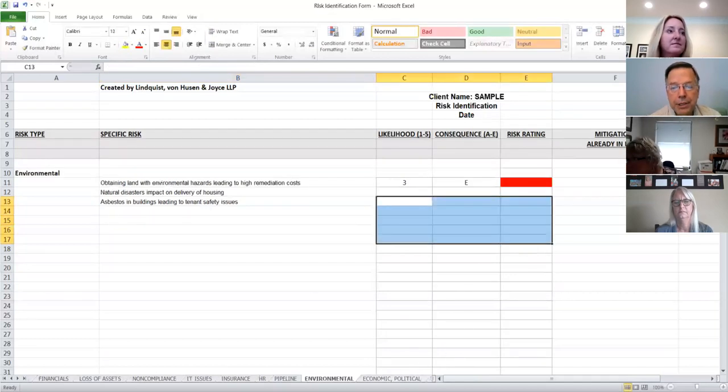Okay, let me get through the rest of the tabs and then we'll circle back and ask for input from everyone. Next one is environmental: obtaining land with environmental hazards, which will lead to maybe unanticipated high remediation costs. Natural disasters, more and more environmental disasters seem to be happening as our weather is changing.